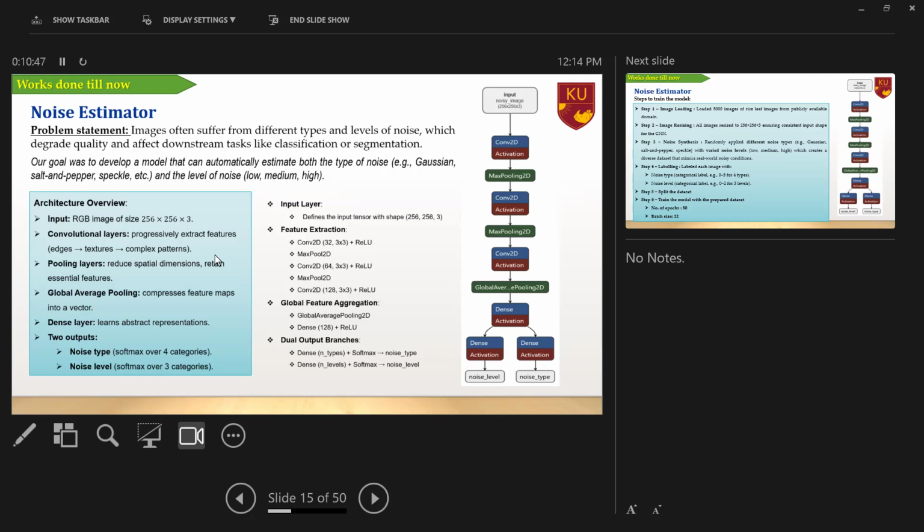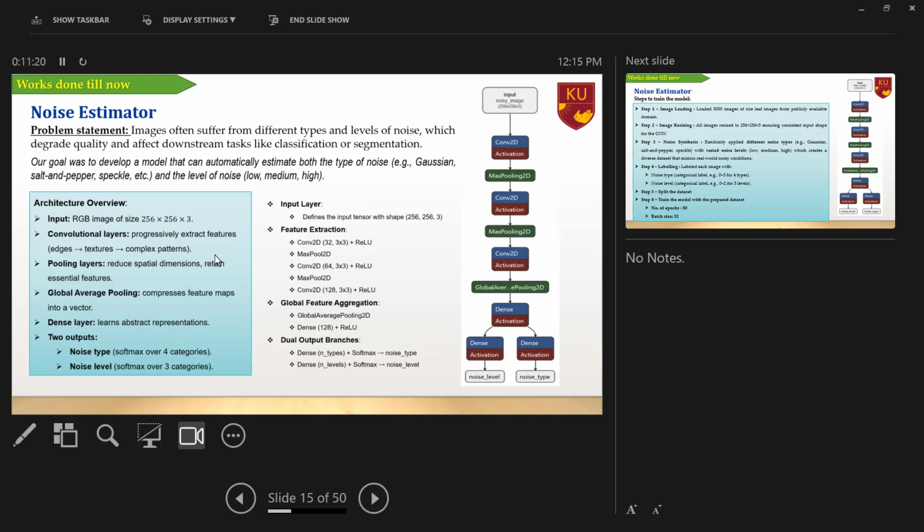Then we have convolution layers to extract features like edges, textures, and complex patterns. Then pooling layers reduce spatial dimensions and retain essential features, and global average pooling compresses feature maps into a vector. Finally, the dense layer gives a large abstract representation, and the noise estimator finally classifies into two outputs: one is the noise type, and another is the noise level.